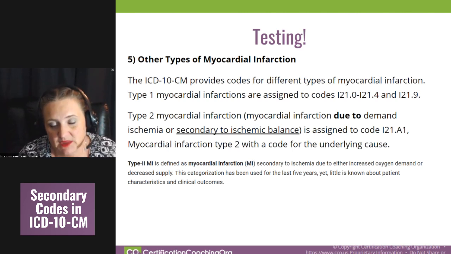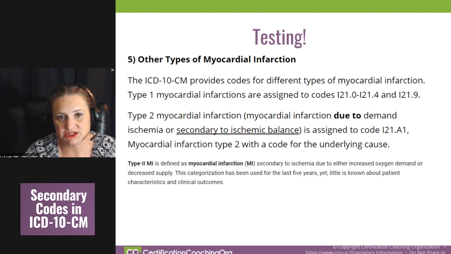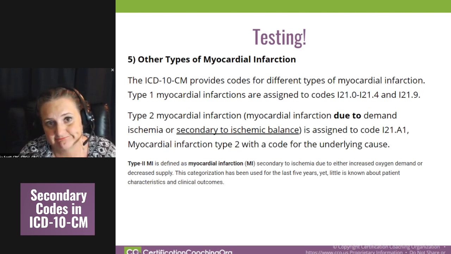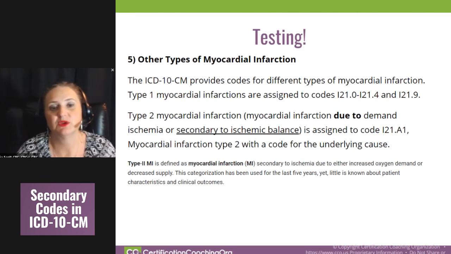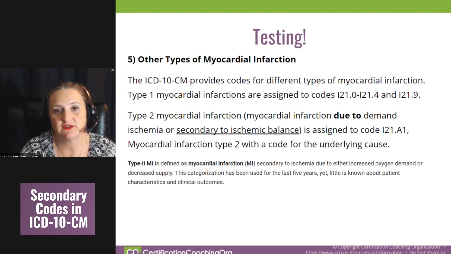So supply and demand of oxygen. Why are we getting lower oxygen? What if the person has COPD or emphysema and their oxygen level gets so low that it triggers an MI? Then the person has a type 2 MI, right? They wouldn't have had an MI if they hadn't had a lack of oxygen. Why do we have a lack of oxygen?